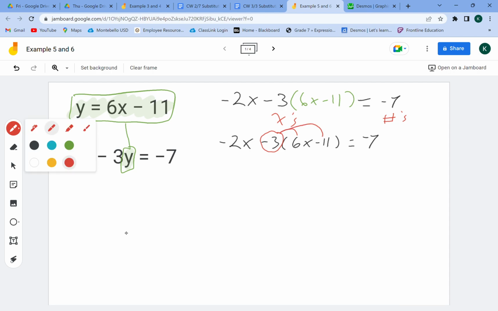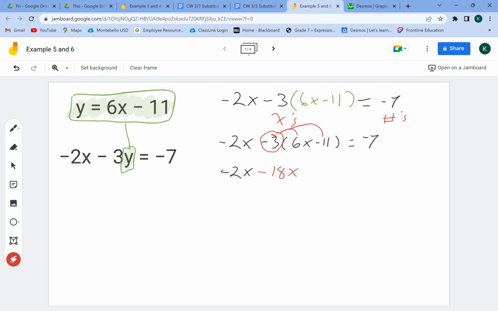Okay, so the negative 2x in the front, I'm just going to bring it down. So now I'm going to multiply negative 3 times positive 6x. And if we multiply that, we get a negative 18x. So we're going to say minus 18x.